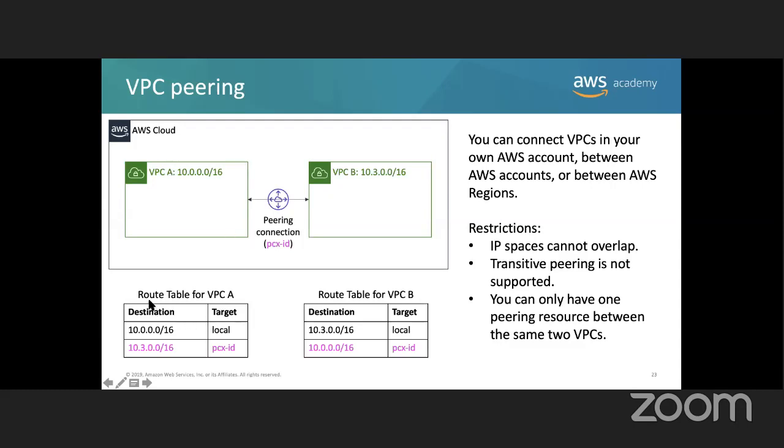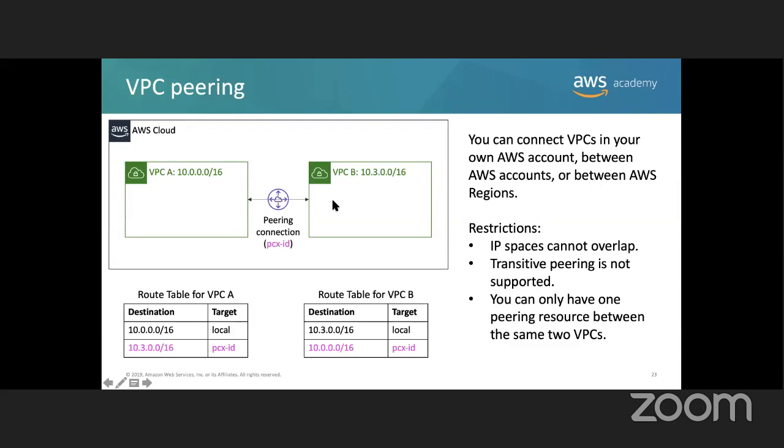So as you can see here, the route table for VPC-A has a local route for communication inside, right? And there has to be a route entry here that points to the VPC peering connection, which is this ID here. The same happens here.